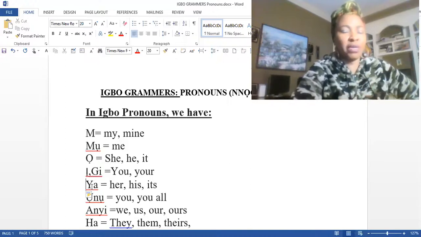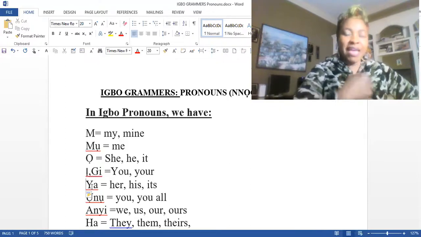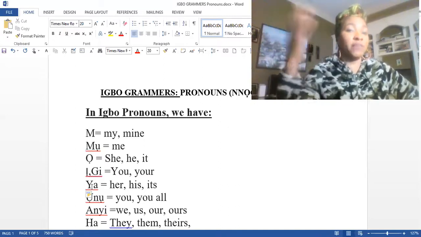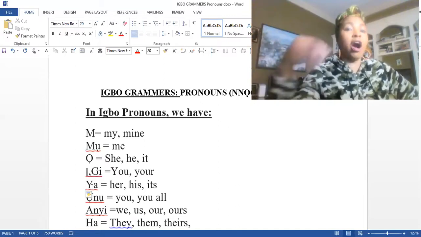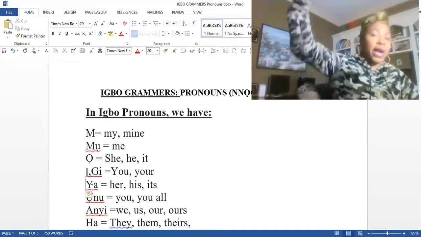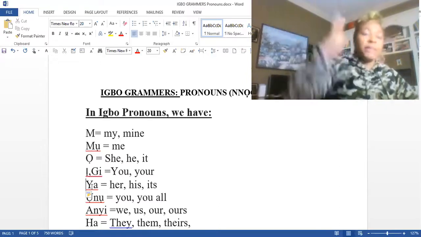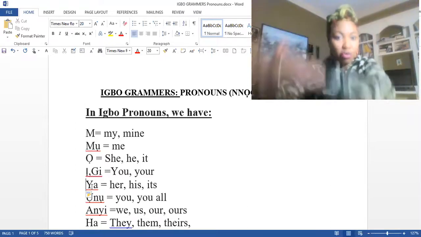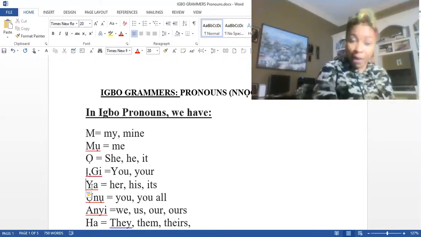Or whose book is this? And then Nana will say, okay, yeah, like trying to tell me it is for my sister. Okay, yeah, and then she's pointing at her because this is indirect. She's not talking directly to the person she's trying to tell me.